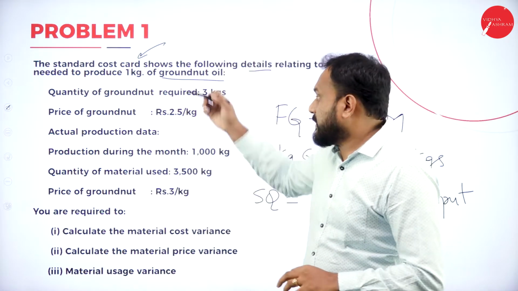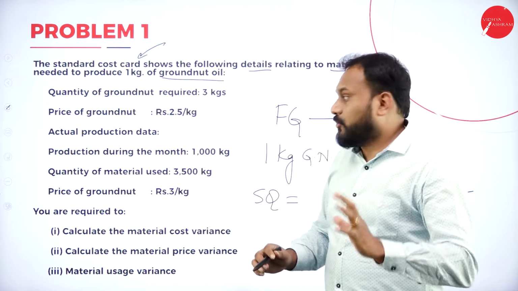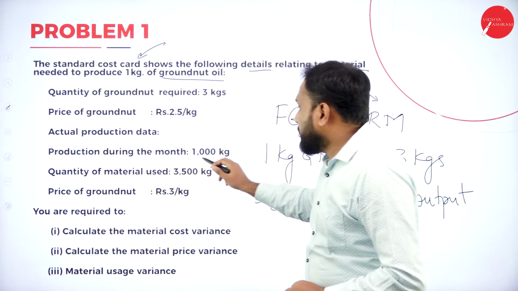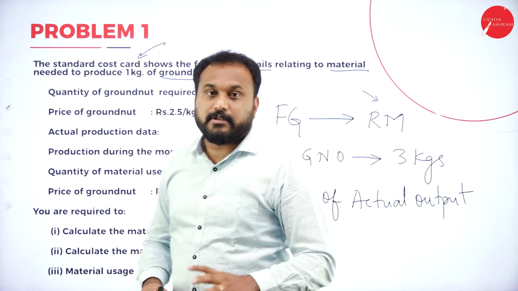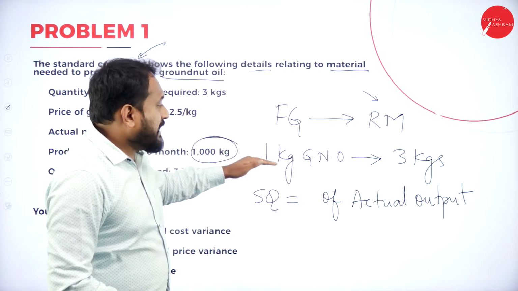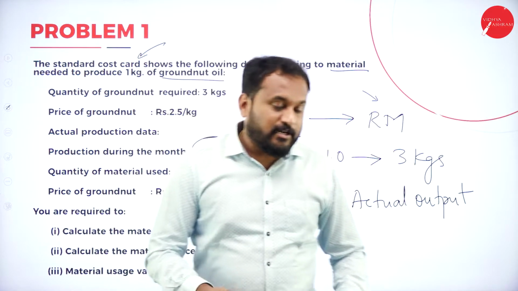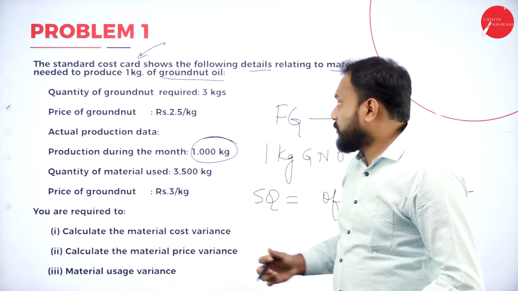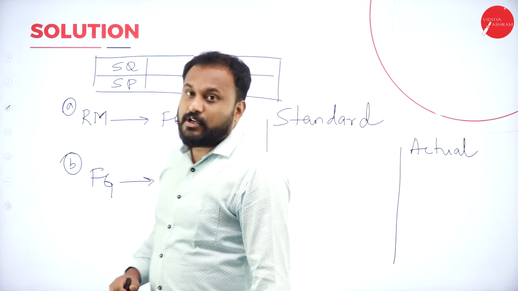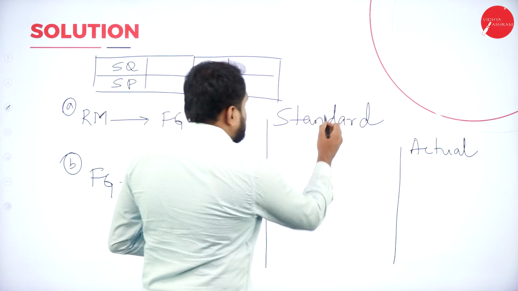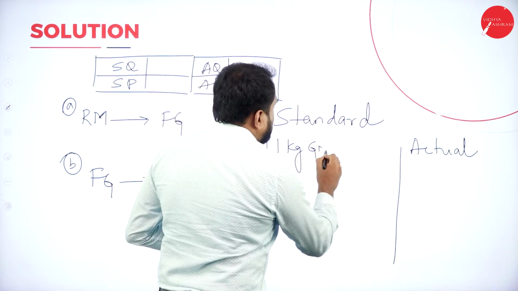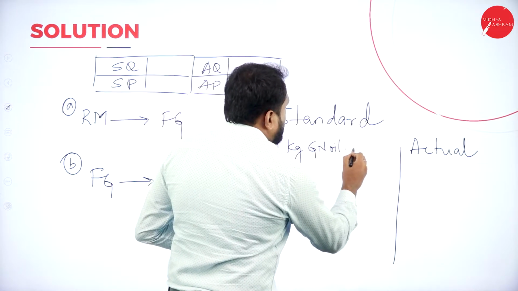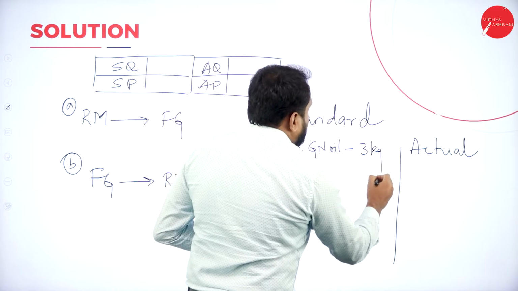You are supposed to see it in the question. Production during the month is 1000 kgs. This is your actual output. That means for 1 kg of groundnut oil, how much raw material are you using? Now, go for the working note here. The working note is very simple. This is the standard cost card. For 1 kg of groundnut oil, you are going with 3 kgs of groundnut.